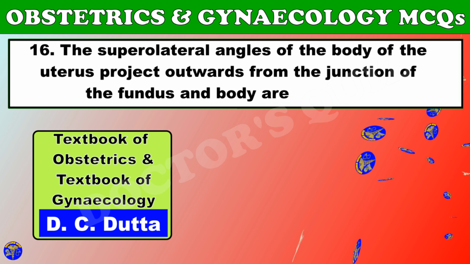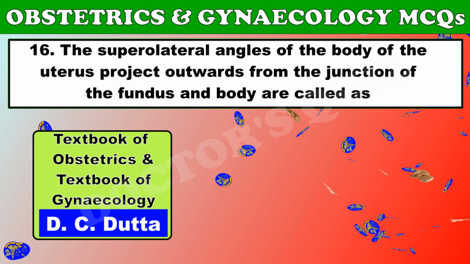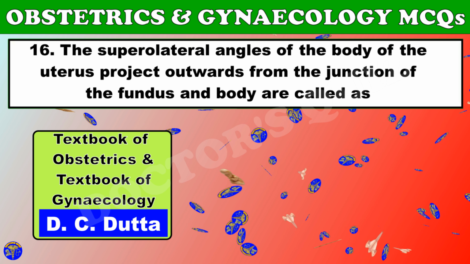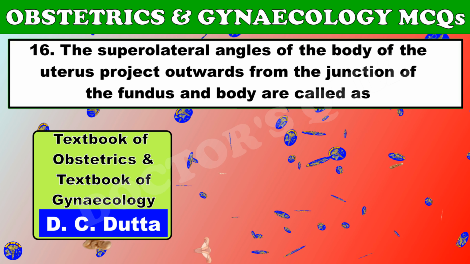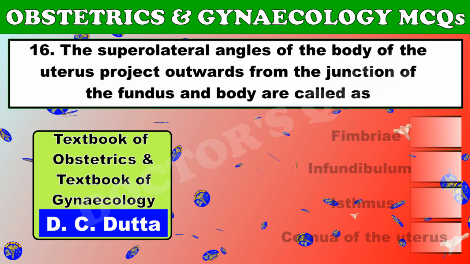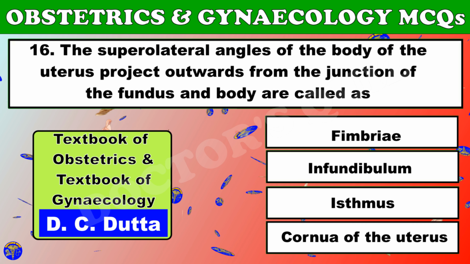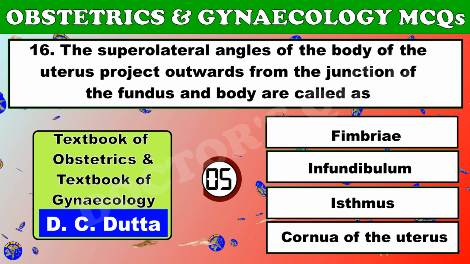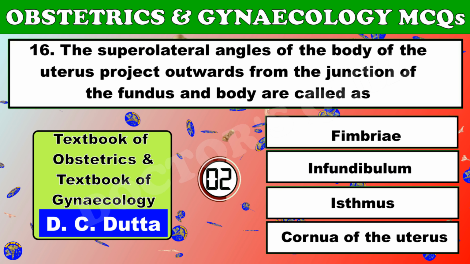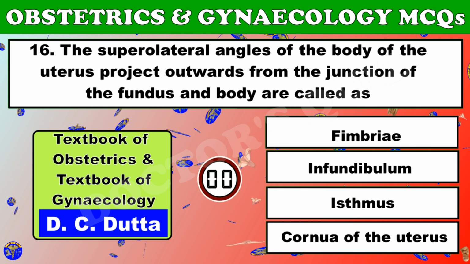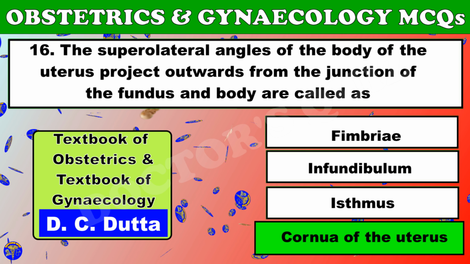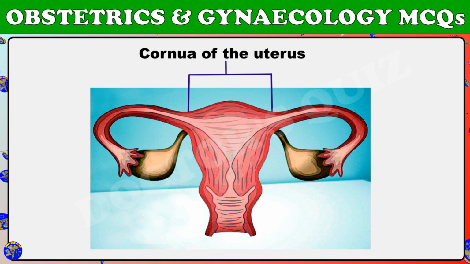The next question is, the superolateral angles of the body of the uterus project outwards from the junction of the fundus and the body are called as? Options are fimbriae, infundibulum, isthmus or cornua of the uterus. Answer is cornua of the uterus.